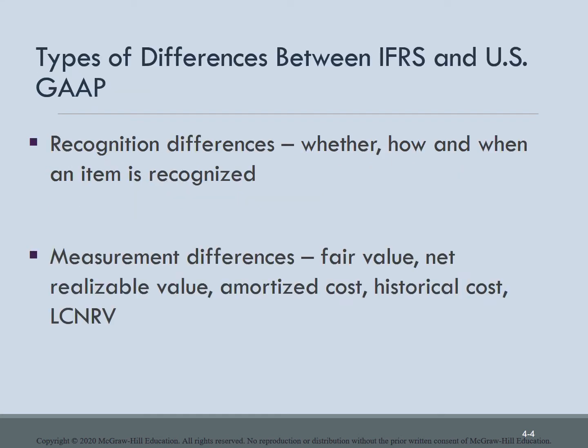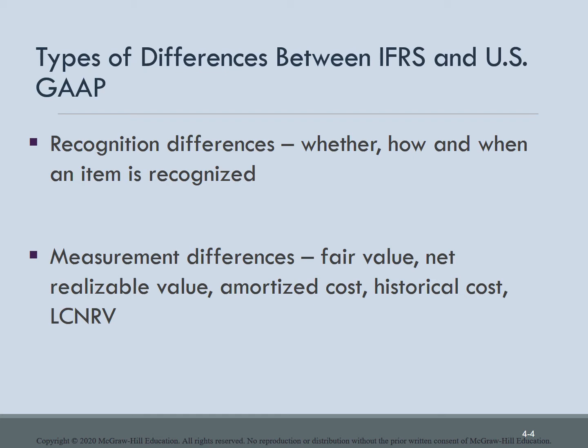So, recognition and measurement differences. When we talk about recognition, we're talking about when something gets recorded in the financial statements, whether it gets recorded, and how it gets recorded. When we're talking about measurement differences, we're talking about the amount that gets recorded initially, but also what gets reported in the financial statements.